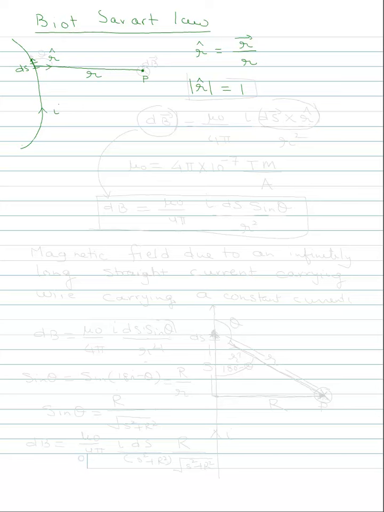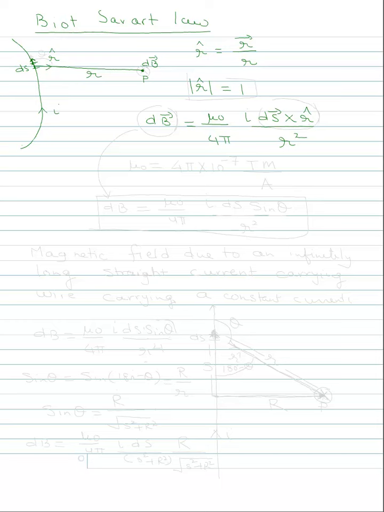In this case, what Biot-Savart Law says is that the magnetic field that is produced by this infinitesimal current element of length ds at this point P, let's call it dB, will be mu 0 over 4 pi, I ds cross r hat, divided by r squared.